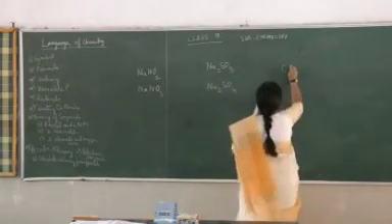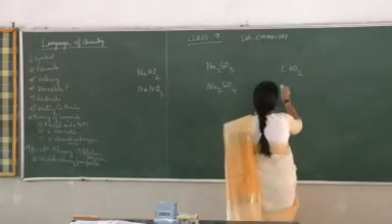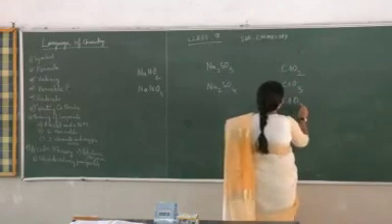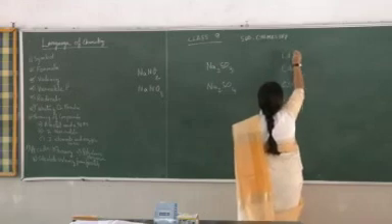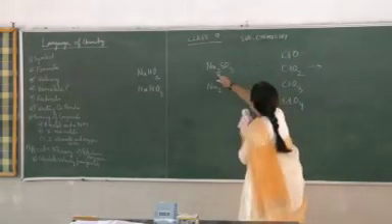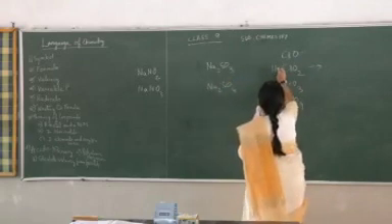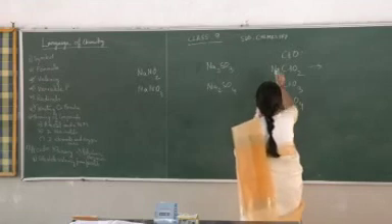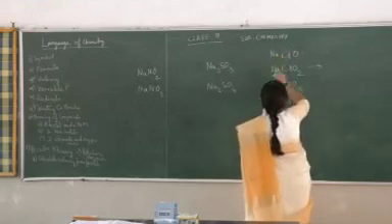Similarly, ClO2, ClO3, ClO4, ClO. Let us put a metal radical: NaClO, NaClO3, NaClO4, NaClO.